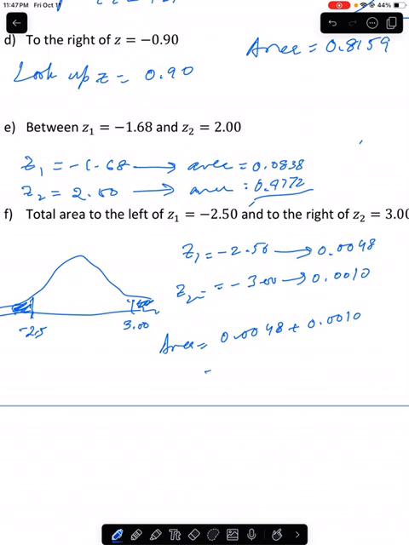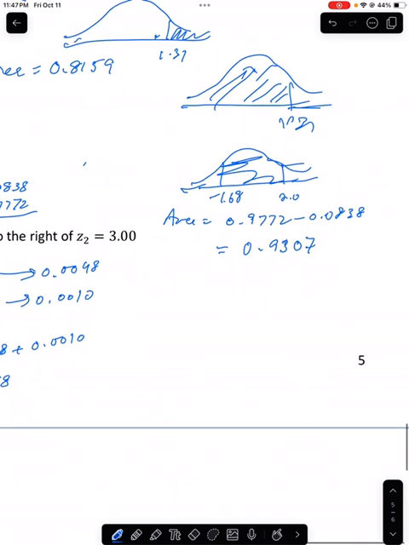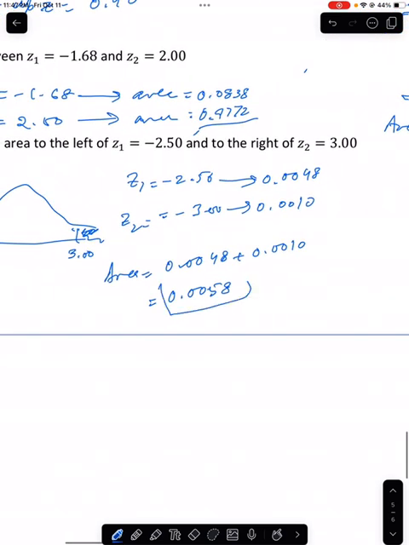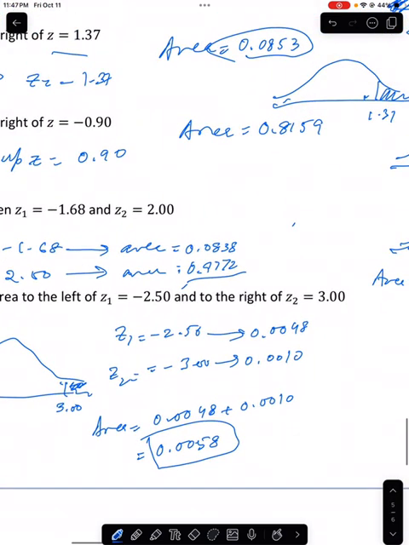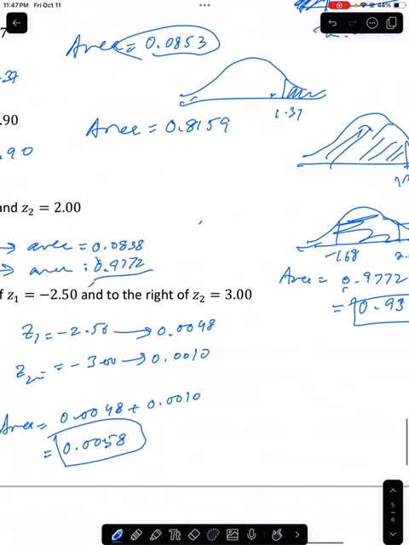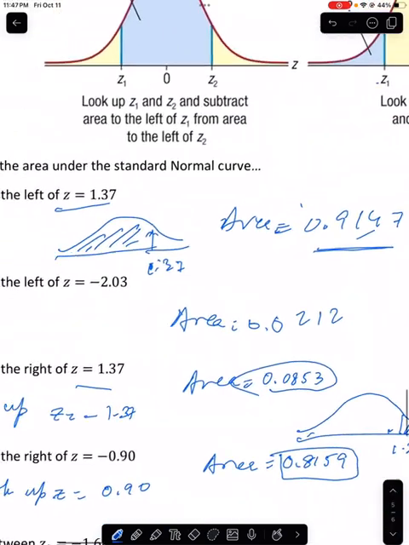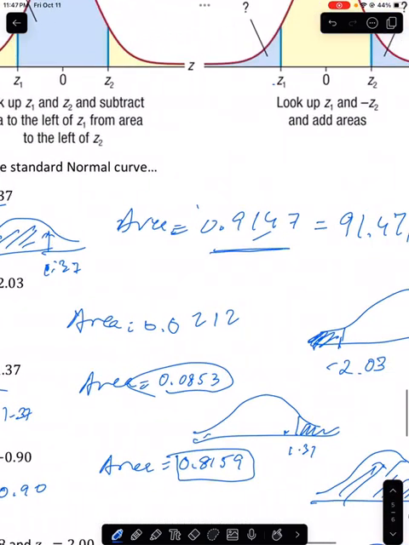You can box your answers. So this is how we use the tables to find the areas. So this was section 6.2.